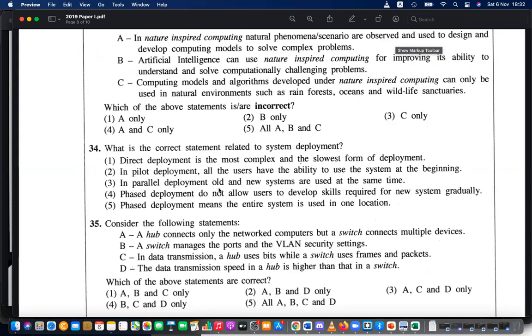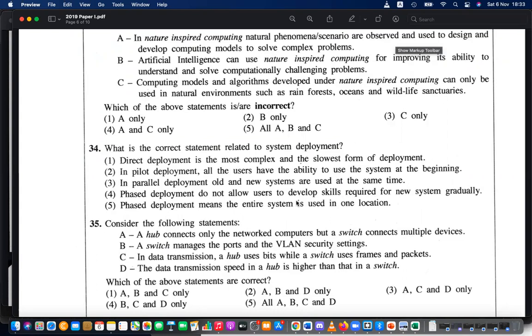In pilot deployment, all users have the ability to use the system at the beginning. Not all users, only some users, right? In parallel deployment, old and new systems are used at the same time. Yes, that is true. Phased deployment does not allow users to develop the skills required for the new system gradually.